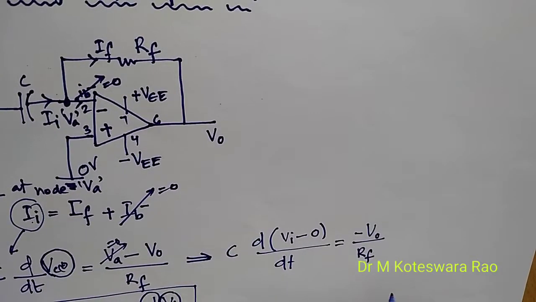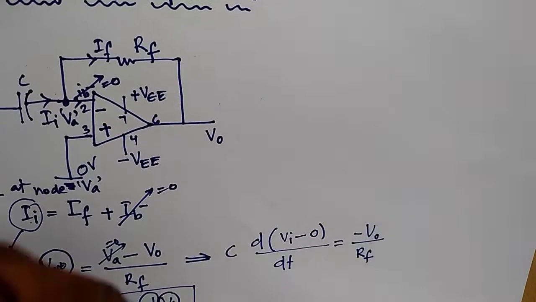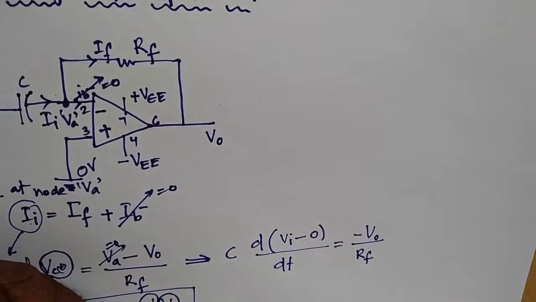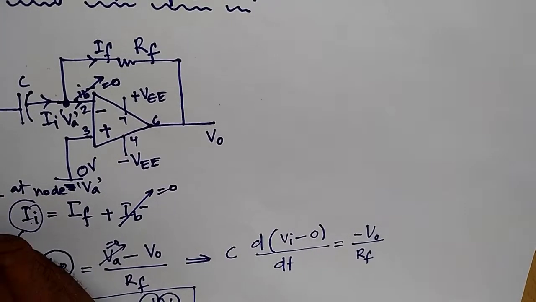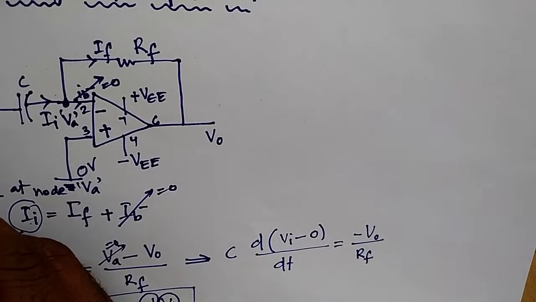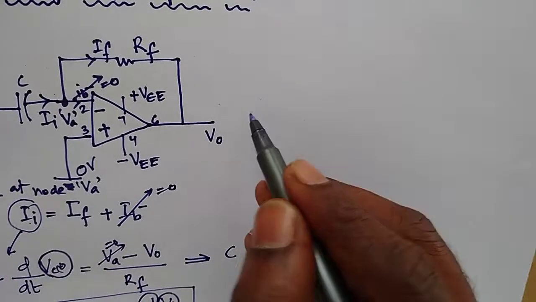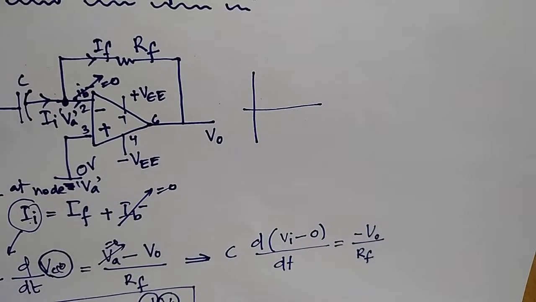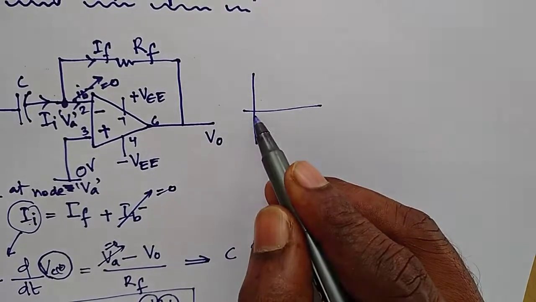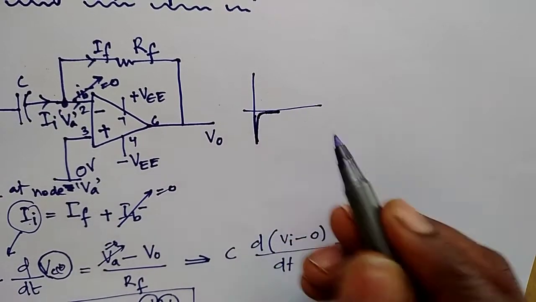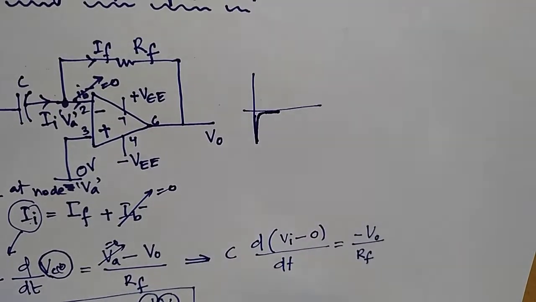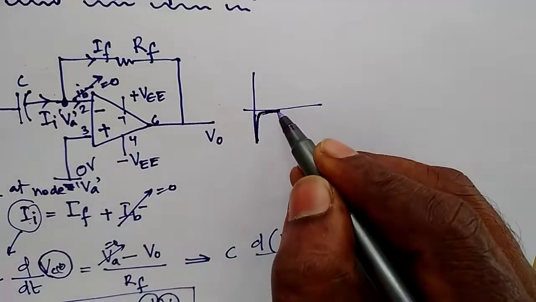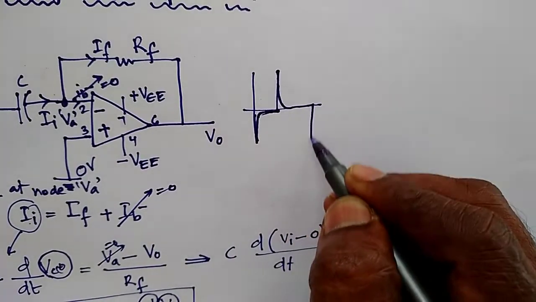The waveform for this expression: at the input stage, if you apply a step function, at the output stage, as the input is positive, you will get a negative result. The differentiation of a step gives spikes, so simply you are getting impulse values. For a negative step you will get positive spikes. Like that you can get.